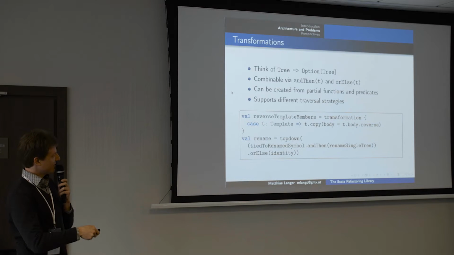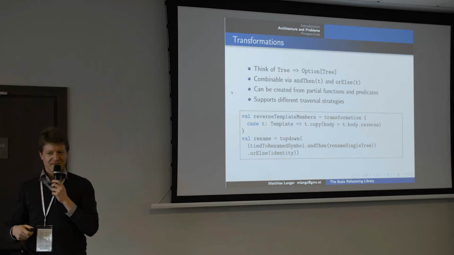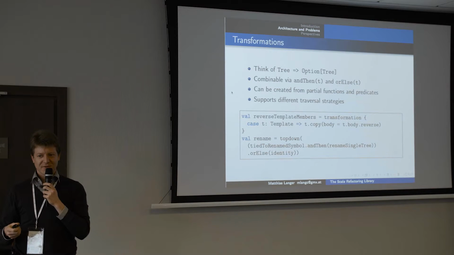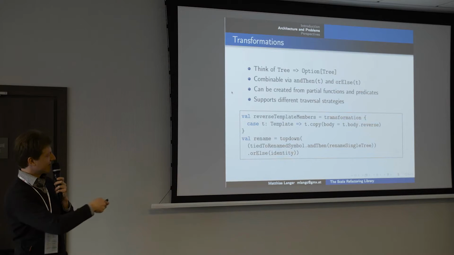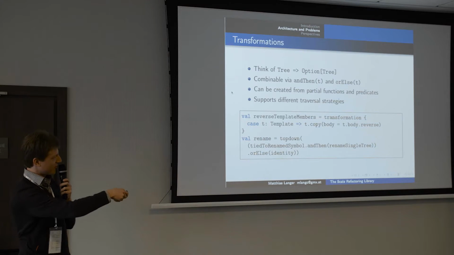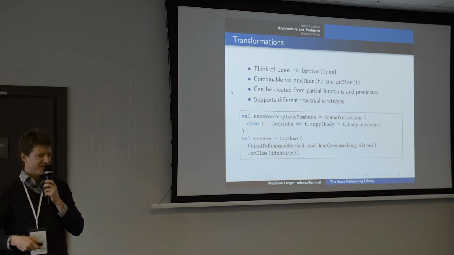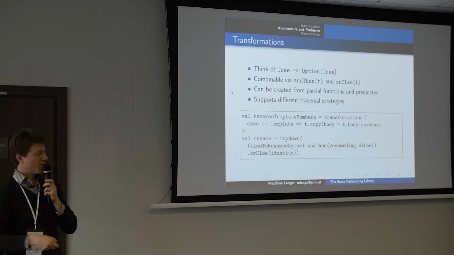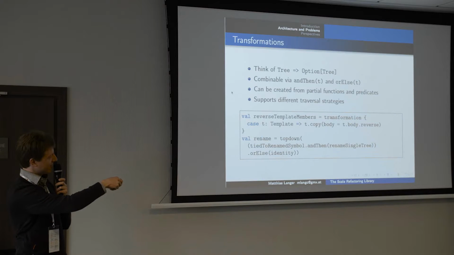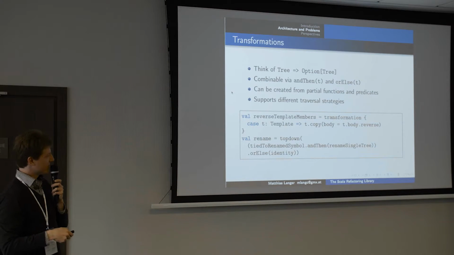And the body of a template normally consists of all the top-level statements in that class or object, so mostly method definitions and value definitions. And this simple transformation just reverses the statements in this body for all templates, and all other trees would be mapped to none by this transformation.